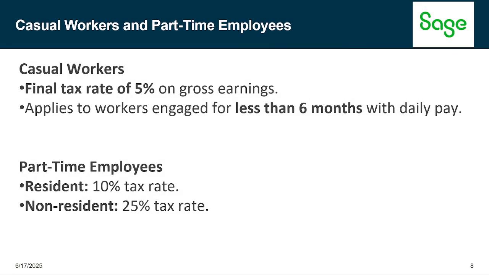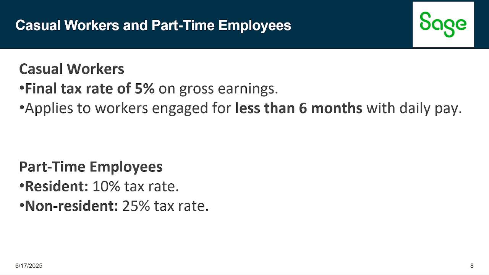Casual workers and part-time employees. Casual workers are workers under employment for less than 6 months, and we pay them on a daily basis. So these people, we don't tax them at the progressive rate. We tax them straight at 5%. Maybe you are building your house and you engage laborers and you are paying them daily.